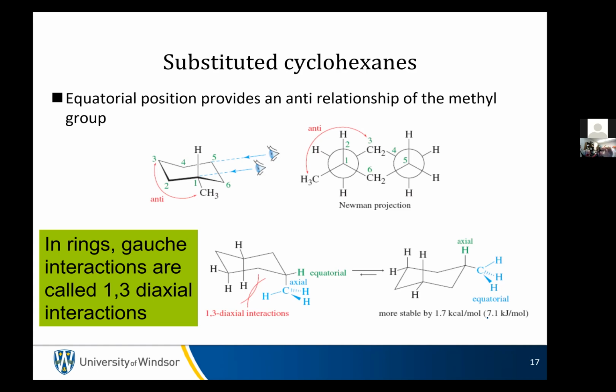And I'm anti with the carbon bond on the other carbon next to it. So I'm anti on both of the carbons that carbon's attached to, whereas if it was axial, I'm gauche with this one, and I am gauche with this one. And of course, the gauches are worse than the antis. What we're really worrying about, again, is this guy here bumping into these two hydrogens because whacking.